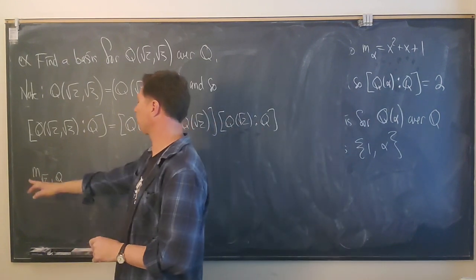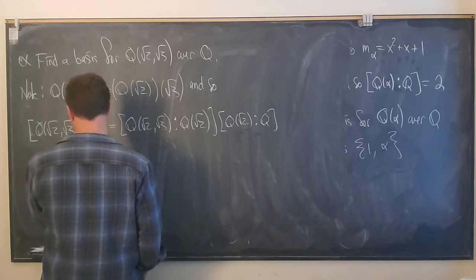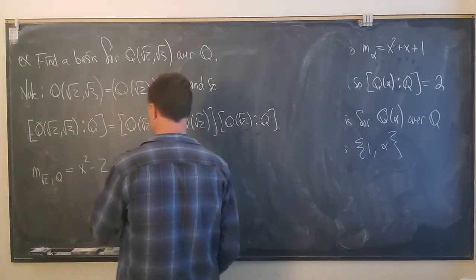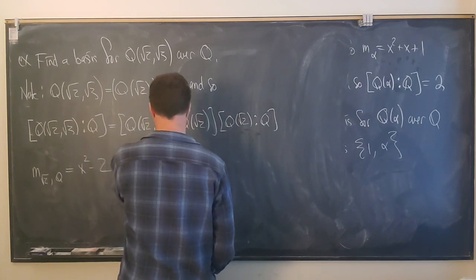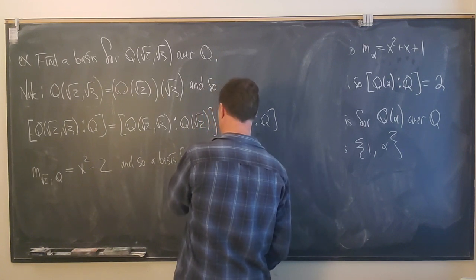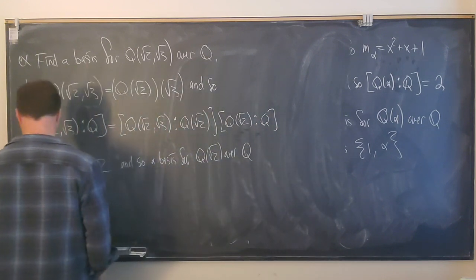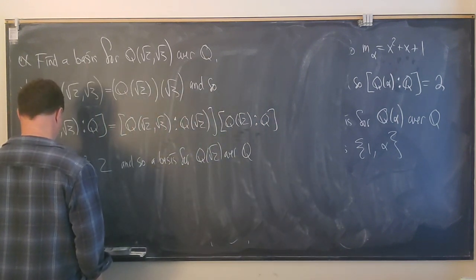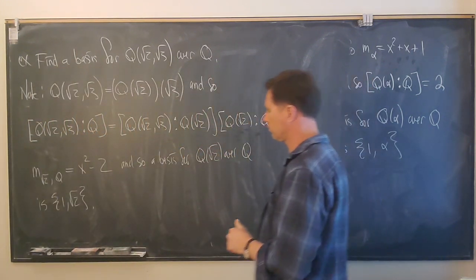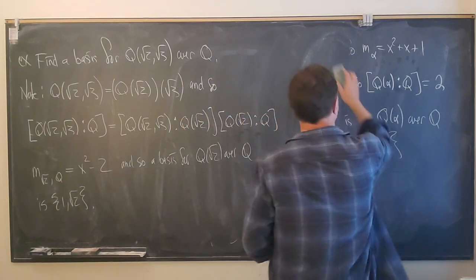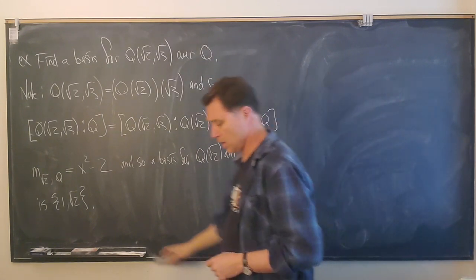So the minimal polynomial for square root of 2 with respect to Q, well, that's obvious, it's x squared minus 2. And so a basis for Q adjoin root 2 over Q is just 1 and square root of 2.